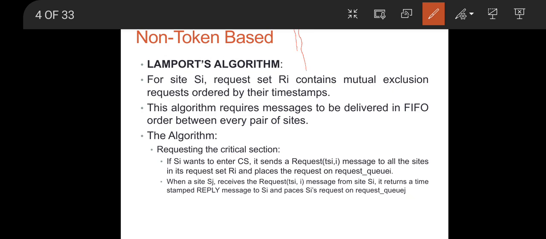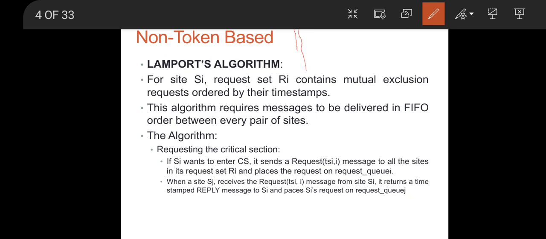Now this algorithm is also given by Lamport. So this is Lamport's algorithm for mutual exclusion in distributed system, which was given by the same person, Lamport. This Lamport algorithm is a mutual exclusion algorithm which is a non-token based algorithm.